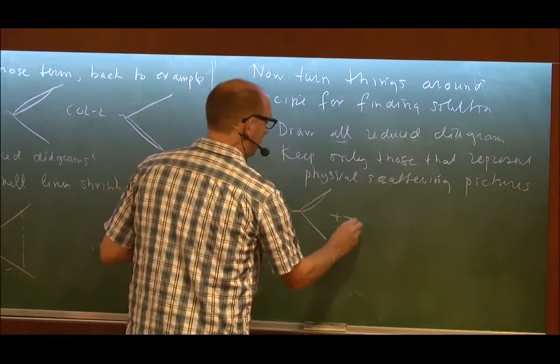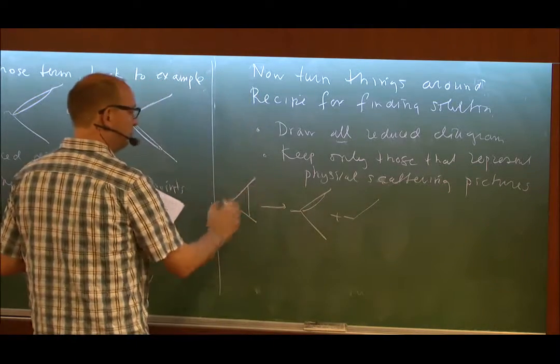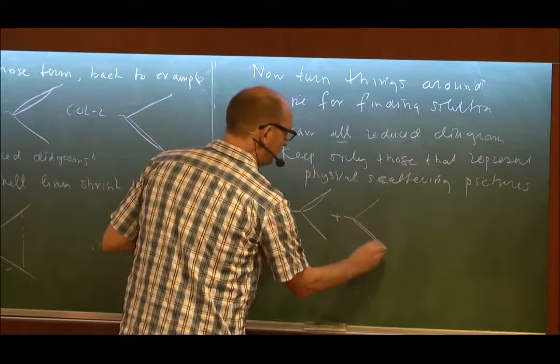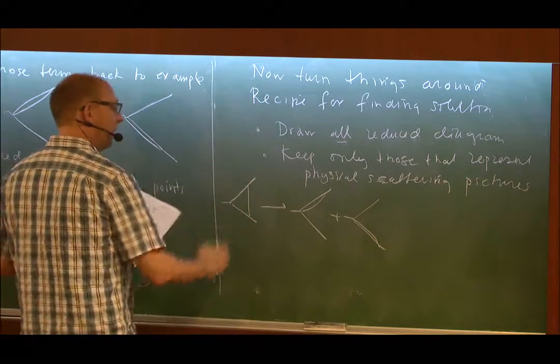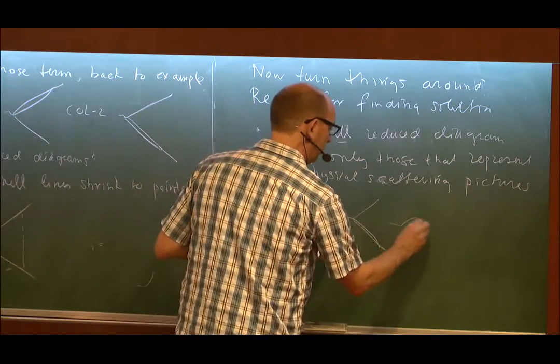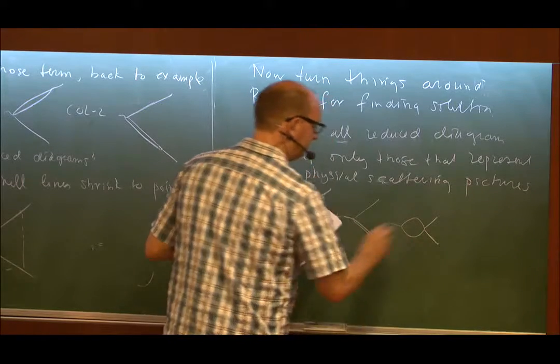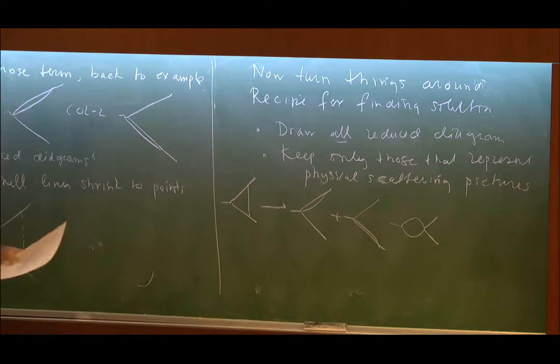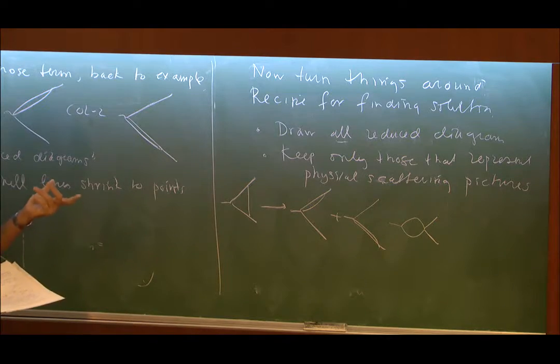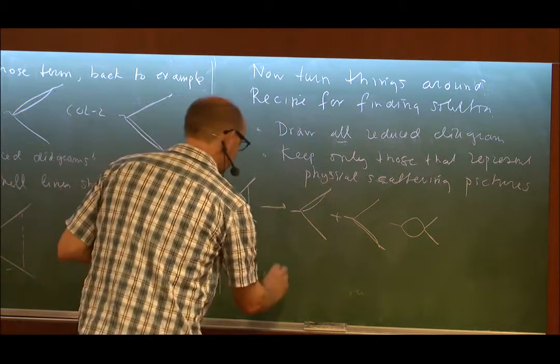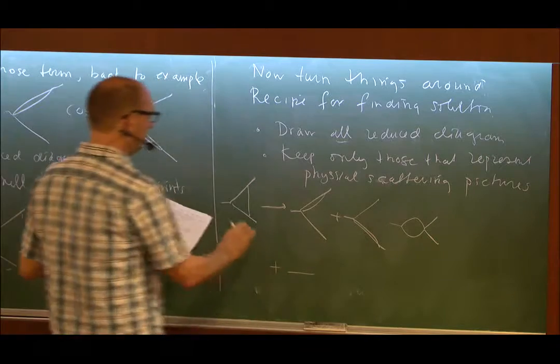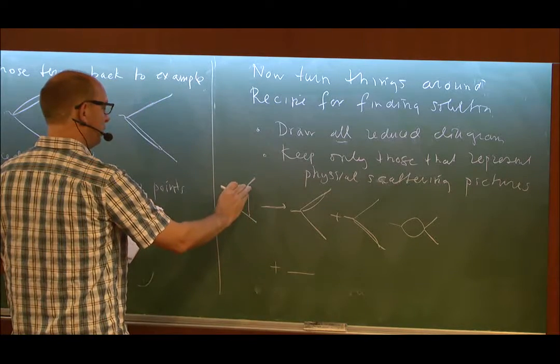I can also shrink this line to a point, and then I get this. I could also shrink that line to a point, and then I get a fish. Right. I can also start shrinking two lines to points. For example, I can shrink this one and this one.